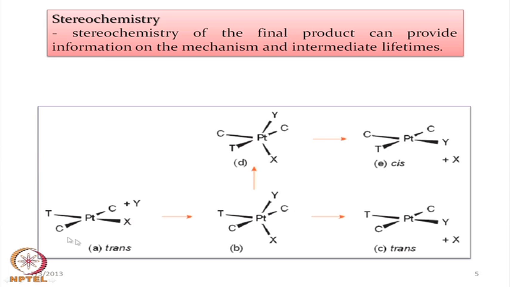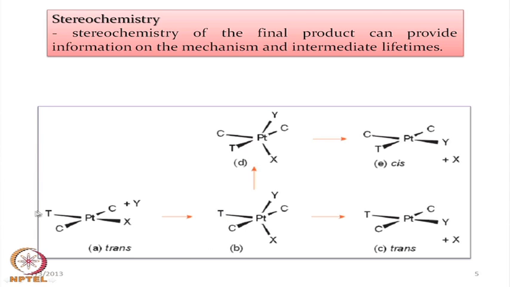So, if we still take this CC bond at 180 degree, which was already present in the square planar environment, and we put this T, X and Y in the trigonal plane, this is basically a trigonal bipyramidal geometry which we are getting from a square planar geometry.